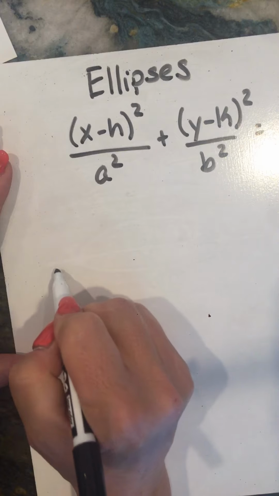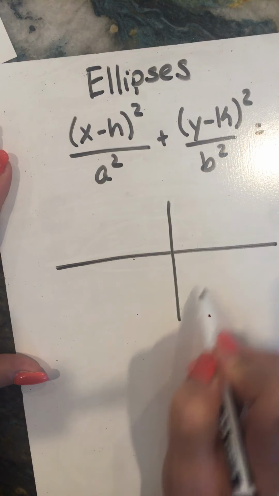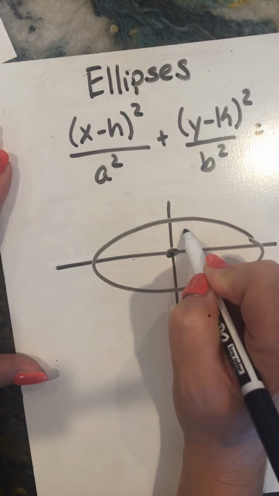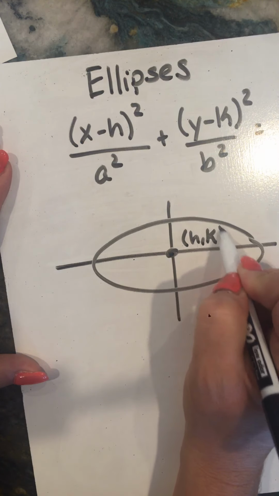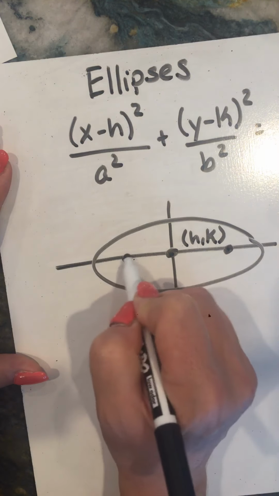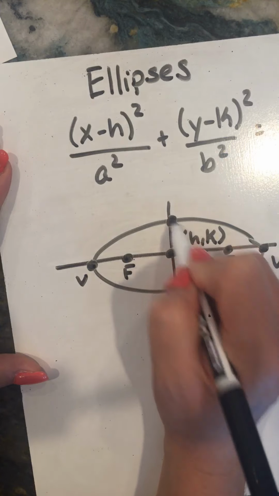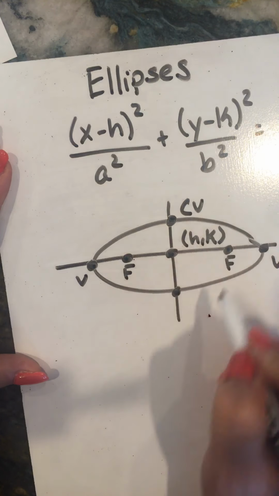And so you'd have an ellipse on a coordinate plane, and the center would be at h, k, and then you would have the two foci, and 2 vertices. And then up here and down here, those were the co-vertices.